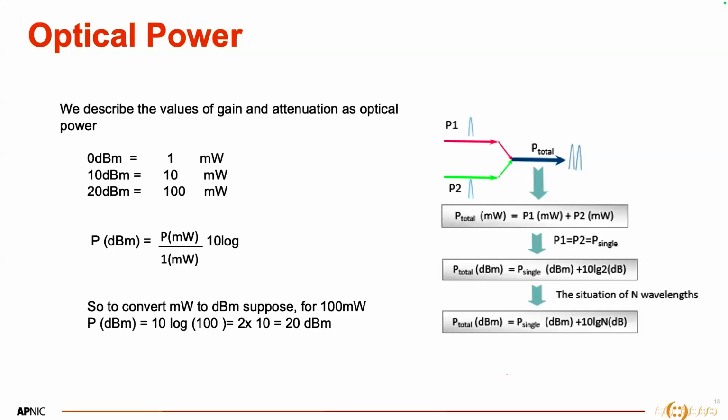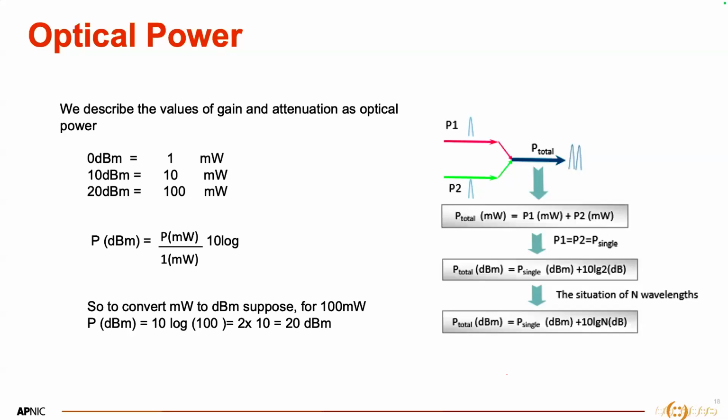So what is the relation? The combined power of the signal is equal to the single wavelength power plus 10 log the number of wavelengths in that system. Maybe P1 has a value of minus 3 dBm, and maybe P2 has a value of minus 3 dBm.